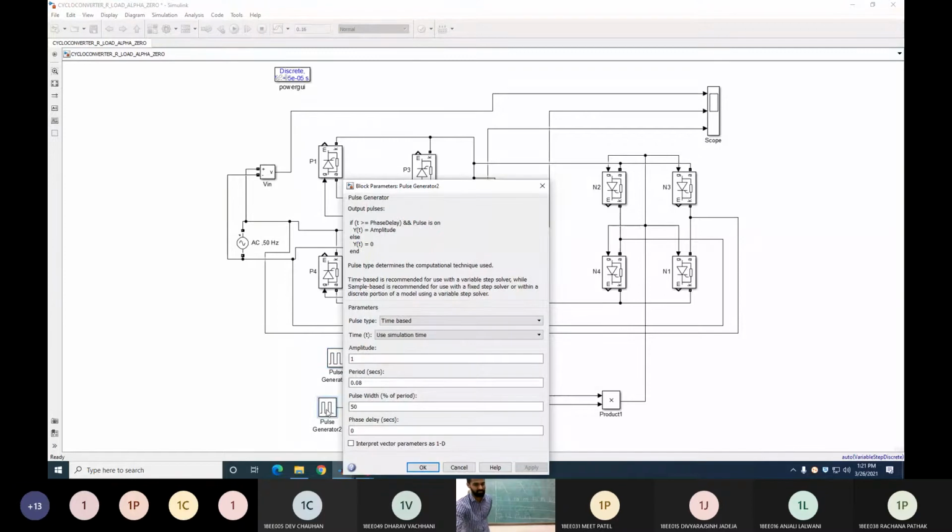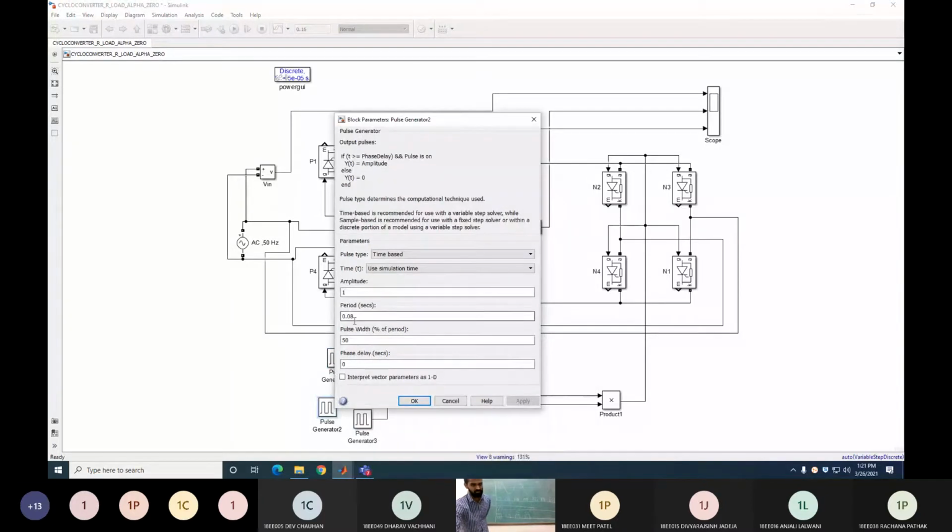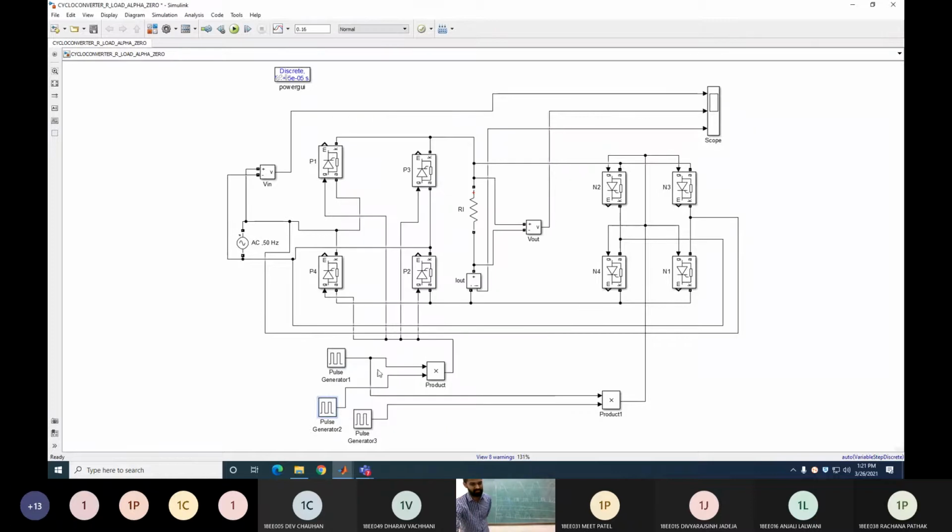And this is the pulse generator number 2, which gives the continuous output from 0 to 40 milliseconds, because you can see that the pulse width is 50% and the period is 80 milliseconds. So half of the time, that is 40 milliseconds, with phase delay 0, that provides the continuous gate pulse from 0 to 40 milliseconds. And both these pulse generator outputs are applied to this product, and we get the output only and only 1 if both the inputs are 1.